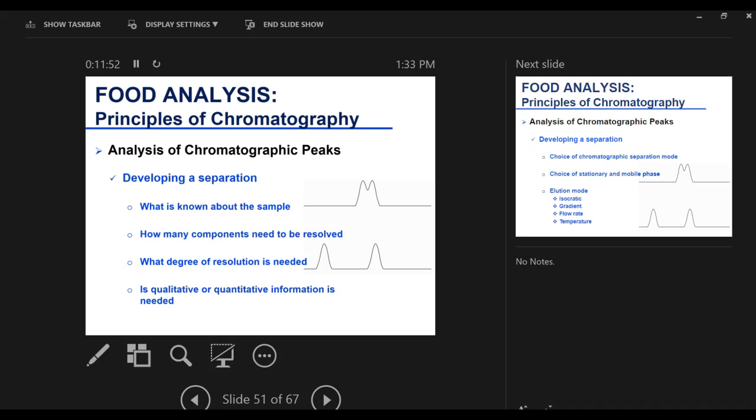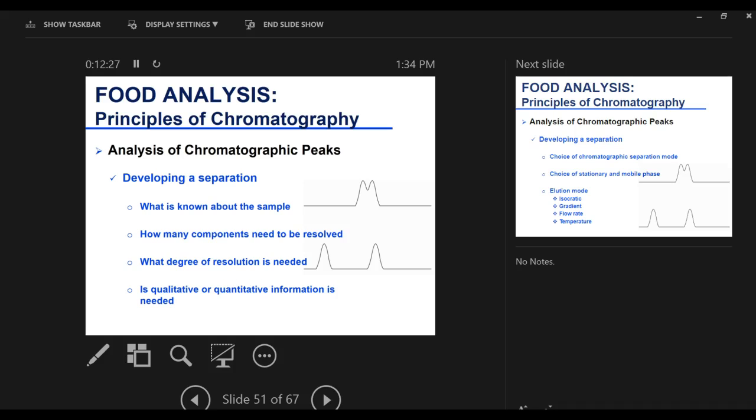If we cannot separate two compounds from each other, it's really going to be hard to identify, unless there is an MS attached to it that can help you identify even if you have coelution. But it's better for identification to have separation. If you want to quantify, you need two separate peaks, so you can get the area of each peak separately. So in chromatography, we have to develop a separation. We have to guarantee separation to the best of our ability.